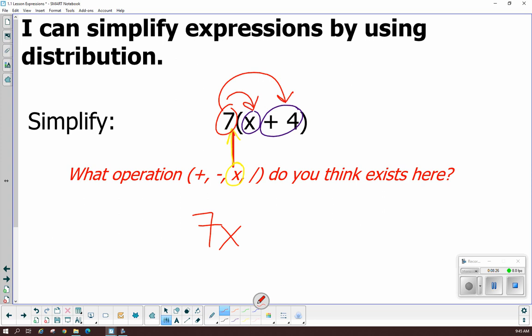When I multiply 7 times positive 4, again, always use your calculator if you need it. 7 times positive 4 is positive 28, so I'm going to put a plus here, 28. I can't combine anything like I did on the previous problems because I have one term that has an x and I have one constant, and so that's as simple as I can make this. We're not solving, we're simplifying, and that's all I can do.